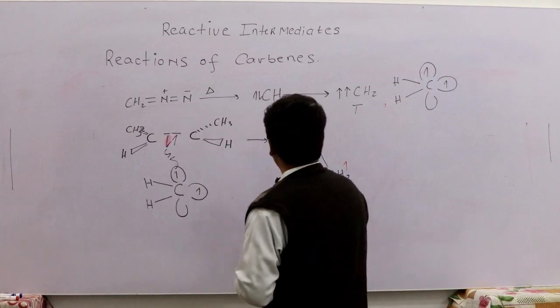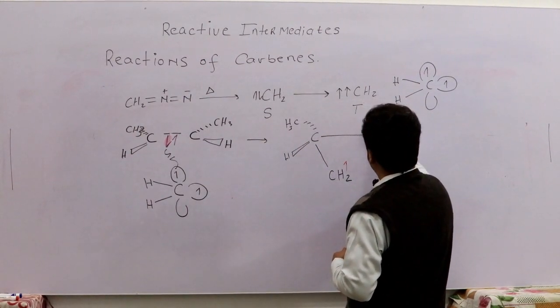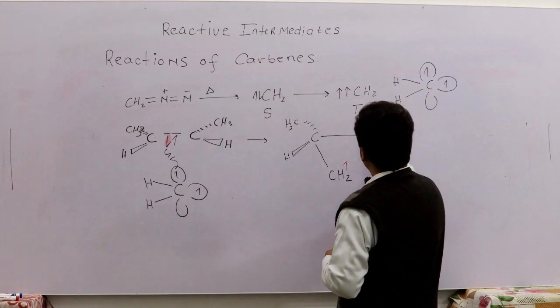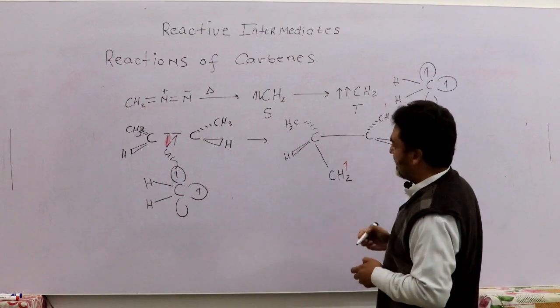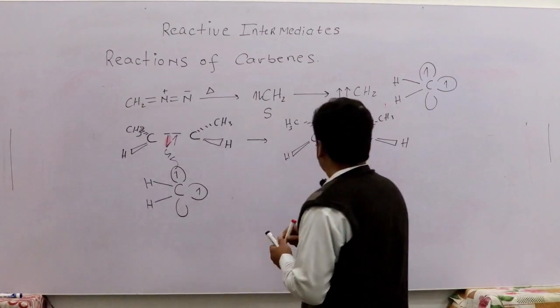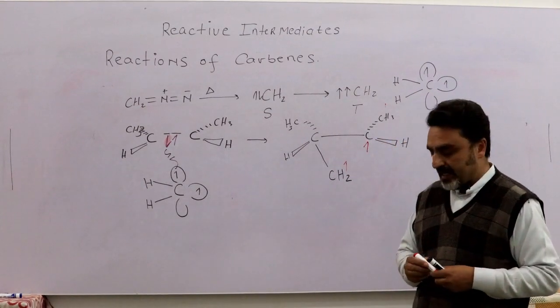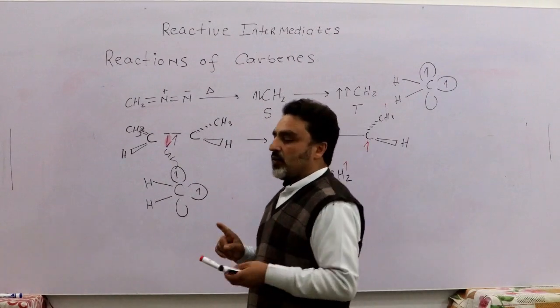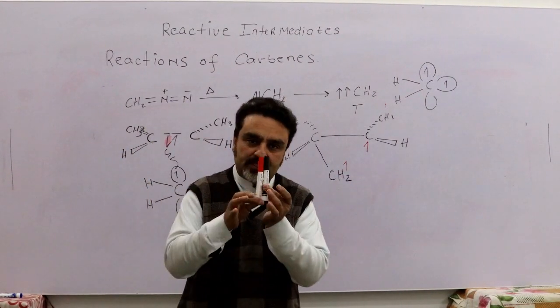Now what about this other carbon? It is again like this. Let's say that nothing has happened to this part of the molecule as yet. And what about this electron? As you see, its spin is again up. Now, no covalent bond is produced when both the spins of the electrons are up.